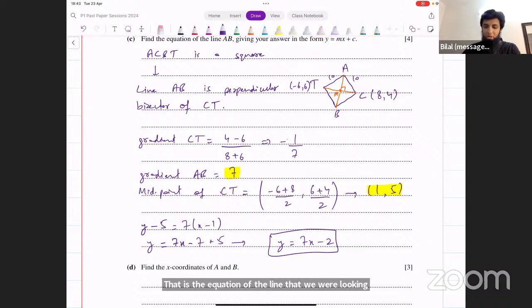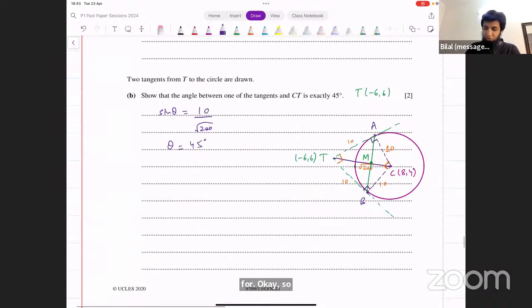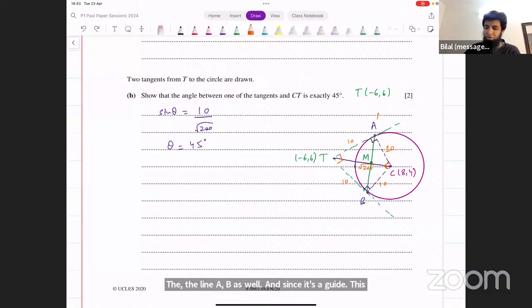Okay. So yes, this was the midpoint of the line AB as well. And since it's a kite, this angle was going to be 90 degrees. And in fact, eventually it became a square. So in a square as well, the angles of the diagonals are 90 degrees.